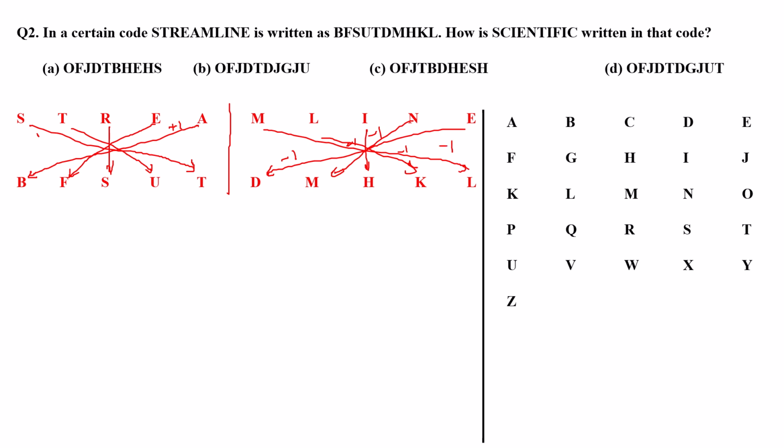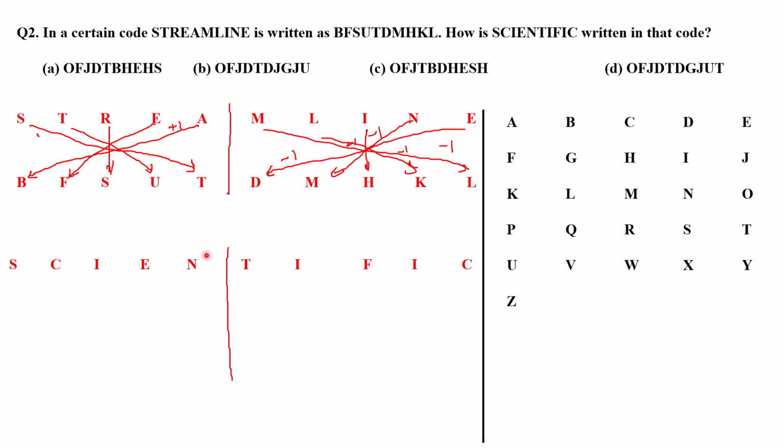The same way we are going to do the coding for SCIENTIFIC. Okay, so if you count the letters here, 1 2 3 4 5 6 7 8 9 10. So I'm going to divide it into 5 equal parts. So the first 5 will come till here. Now in the beginning 5 letters, what we have to do is write the letter which comes after it.